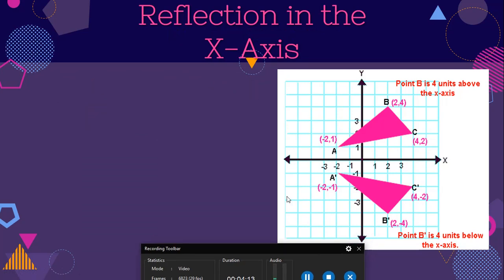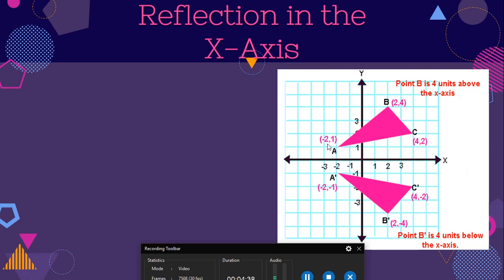For the first reflection, we're going to use the x-axis as the line of symmetry. In my picture, you can see we have triangle ABC in quadrants 1 and 2. This is my pre-image. Down in quadrants 3 and 4 is my copy. We know that because it has A prime, B prime, and C prime.